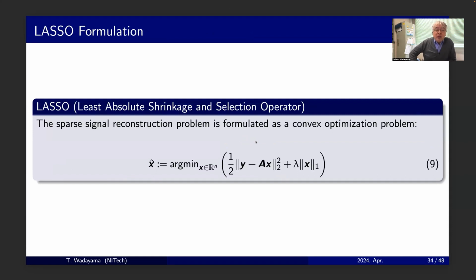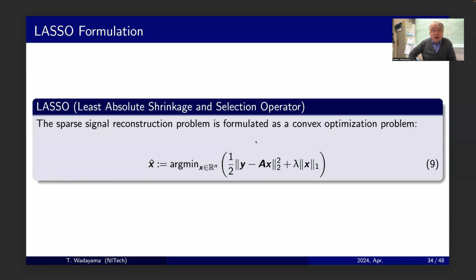The sparse signal reconstruction problem is formulated as a convex optimization problem in equation 9. This formulation is often called a LASSO formulation. The first term of the objective function can be seen as the least square term, and the second term is an L1 regularization term that prefers a sparse solution.